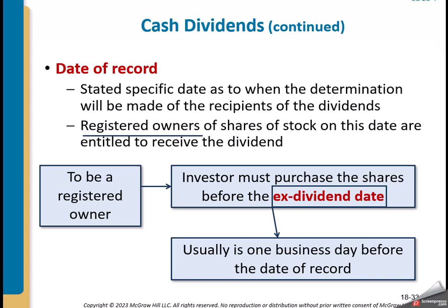So all the stockholders on that date would get the dividends. Say it's a 14-day difference. Those shares could be bought and sold during that time frame. So whoever the owner is on the date of record is who gets that dividend. There could be investors who've purchased it after that date, and they would not get it.